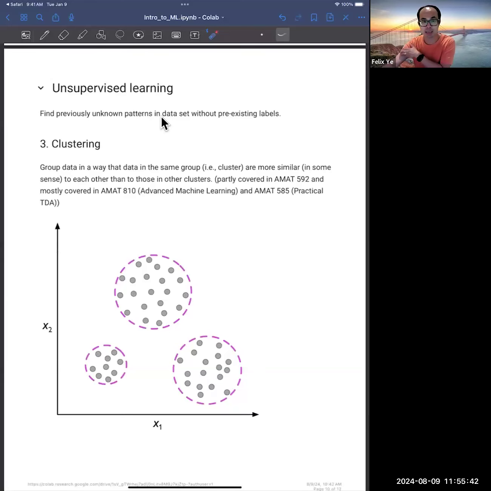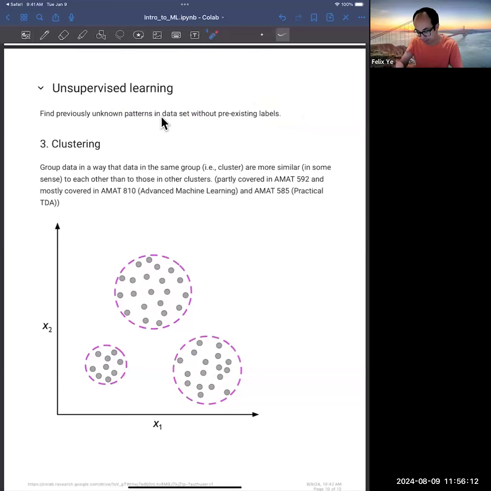The whole idea is you want to group the data so that points belonging to the same group, or the same cluster, are quite similar to each other, unlike the other clusters. Unsupervised learning is to find previously unknown patterns without using any pre-existing labels.